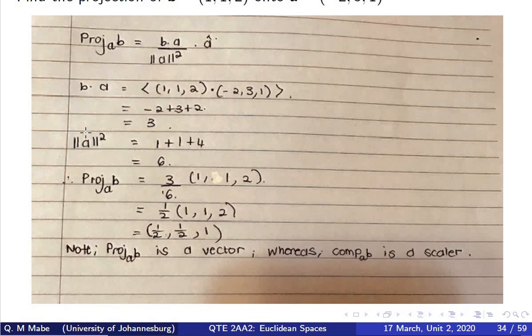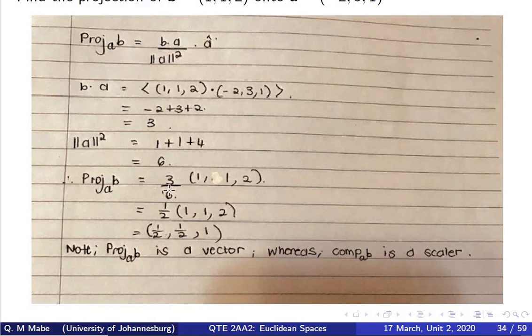Then the magnitude squared of A, because that's the expression I need to find, is just 4 plus 9 plus 1, which is 14. I'm not taking the square root because I'm only interested in the magnitude squared, not the norm or the distance, so I will leave it as is.